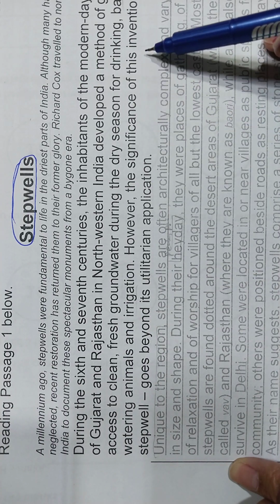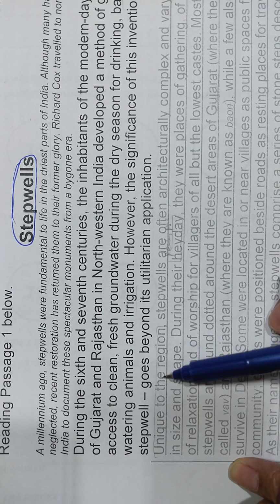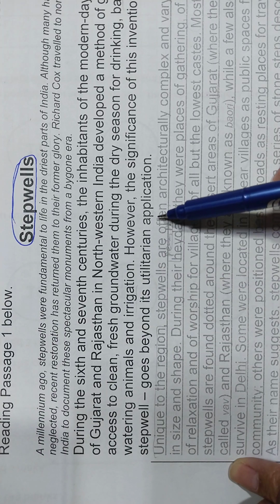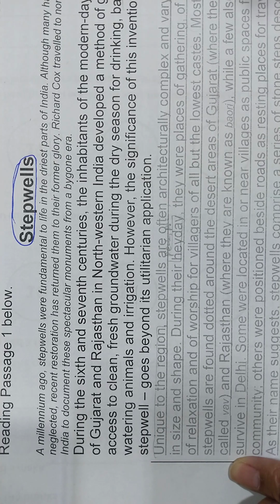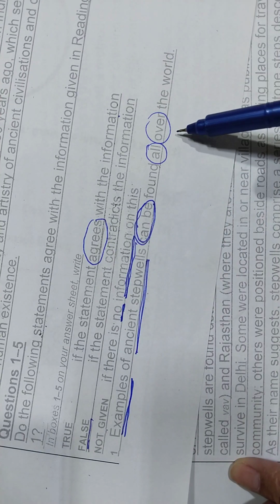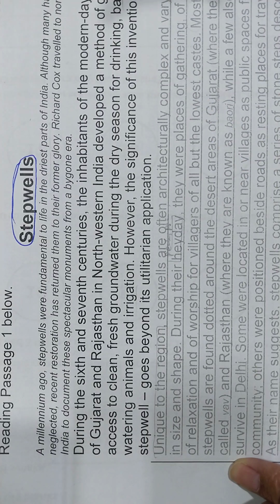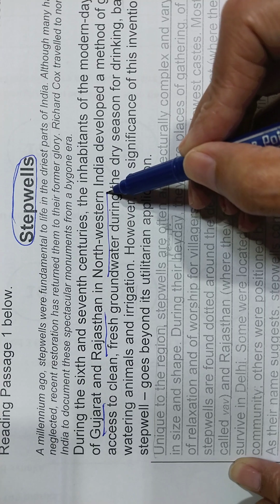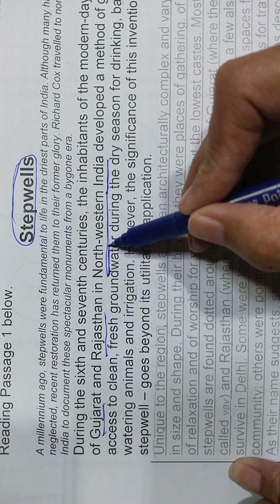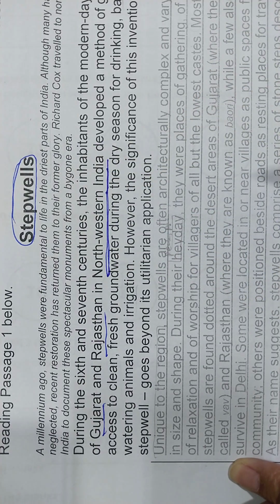However, the significance of this invention, the step well, goes beyond its utilitarian application. So they are not talking about all over the world. They are talking about some specific regions, for example Gujarat, Rajasthan, northwestern India. So it's not all over the world, okay?